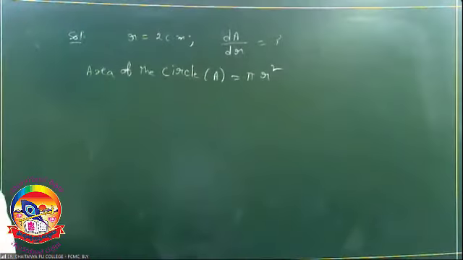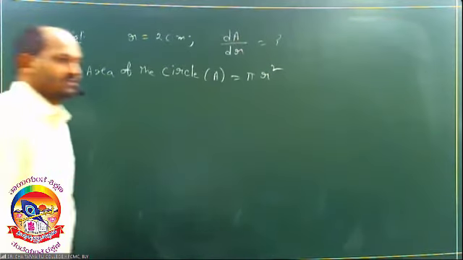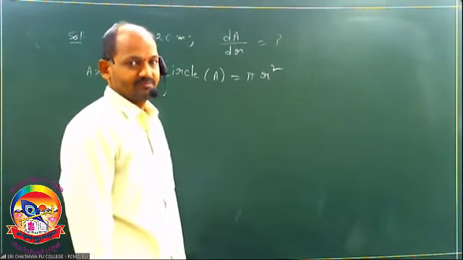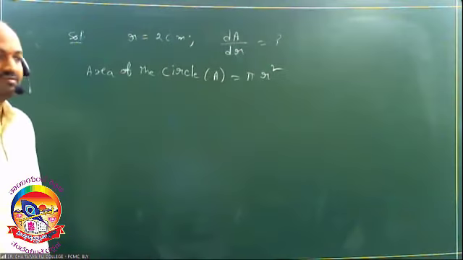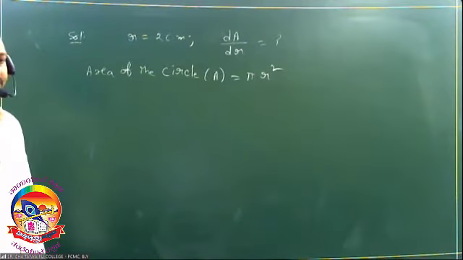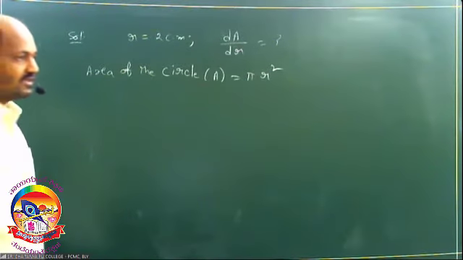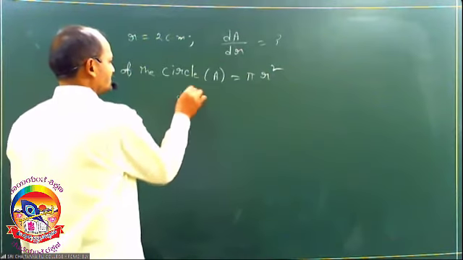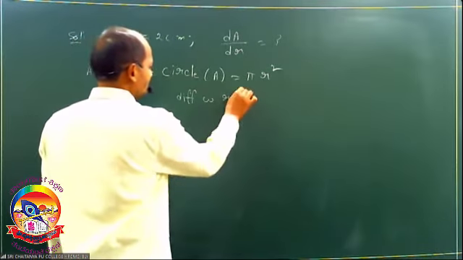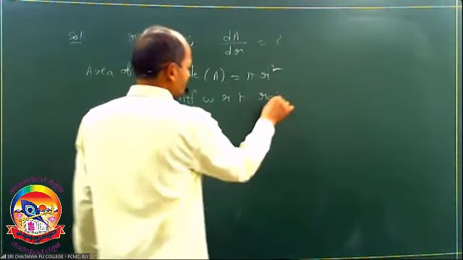Here differentiation is with respect to r. In previous questions it was differentiation with respect to time, but here the rate of change of area of a circle is with respect to its radius when r is equal to 2 cm. So here differentiation with respect to radius.